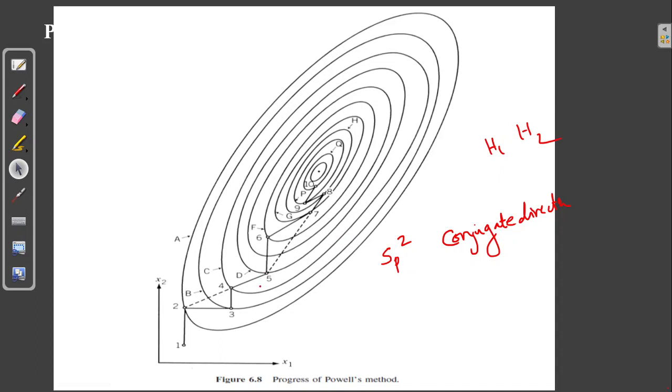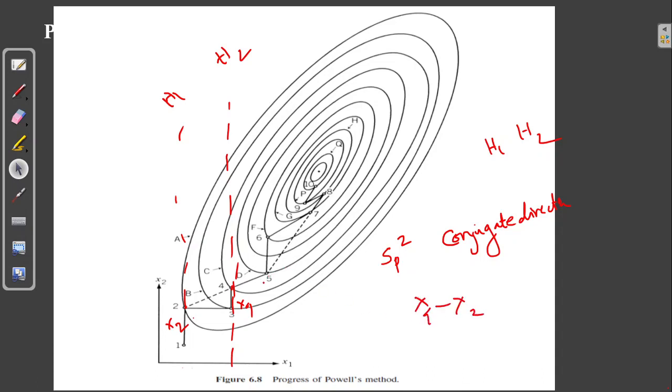Earlier the two hyperplanes were like this, right? Like this, h1 and h2. This is x2 and this is x4, and we got the first pattern direction or first conjugate direction as x4 minus x2.